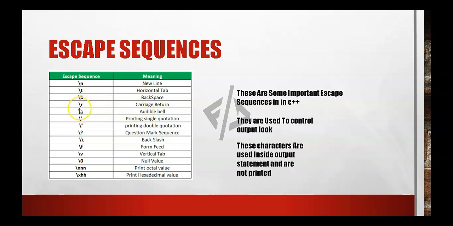Wherever this carriage return is used, the text entered after it will overwrite the text entered before it. We are going to use this later on in our example. \a prints a bell, a sound from the computer.